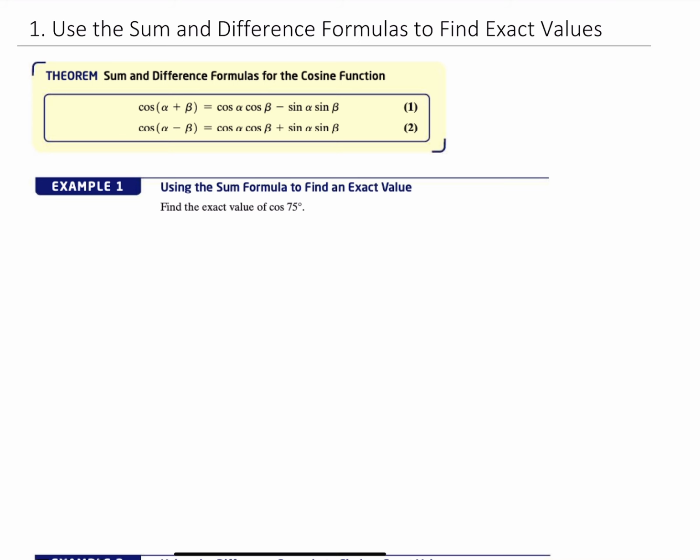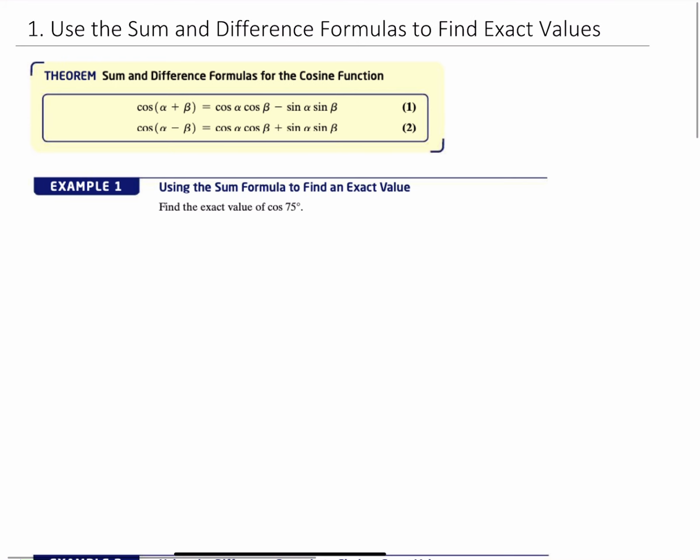So let's look at this first example. We have the cosine of 75 degrees. It's beyond 60 degrees, but less than 90 degrees, so it's not one of those classic unit circle angles we've seen. But we can try to get it by combining some of them together. Notice if we can express 75 degrees as 45 degrees plus 30 degrees.